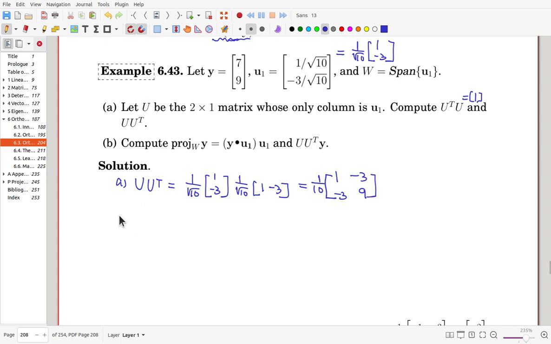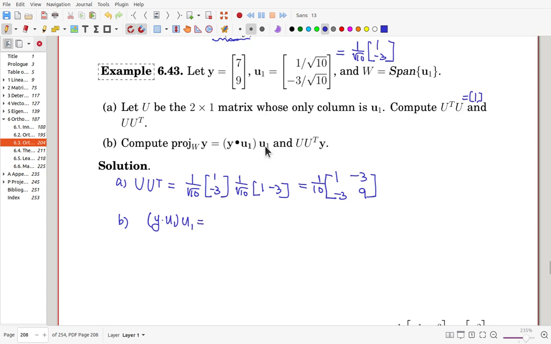And in part B, we'll try to get the projection by using the formula, and also we'll try to get UU transpose Y. In the theorem, they must be the same. So part B is asking you to check if they are the same. Let's do the computation. Y dot U1 times U1.